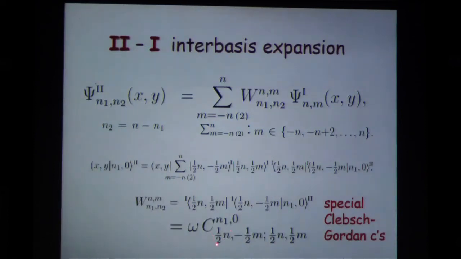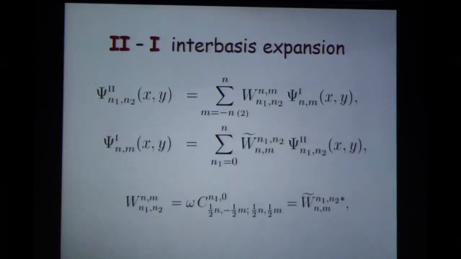You say this is angular momentum 1, angular momentum 2, projection 1, projection 2, going to total angular momentum n1, projection 0. And these are special Clebsch Gordan relations, because here's a 0. And well, this is a phase. Phases can always be attached, but we know that there's always a real solution at all.